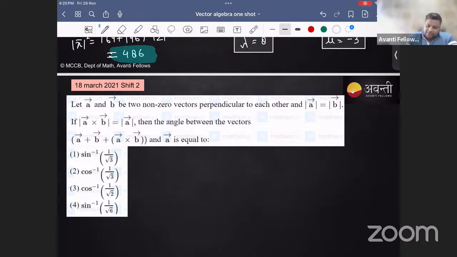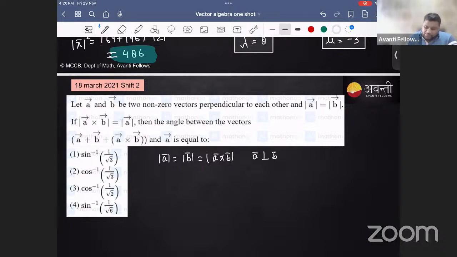See, A and B are two non-zero vectors perpendicular to each other. Now, first of all, let's write down the condition given to us. Magnitude A is magnitude B, and this is also magnitude of A cross B, and vector A is perpendicular to vector B. This is given to me.